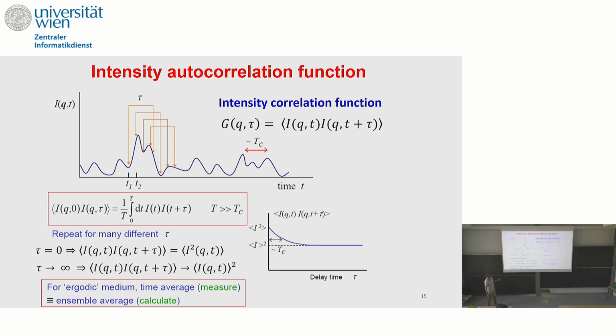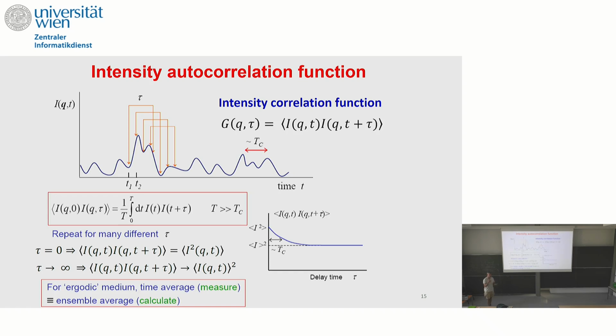So now the key point is, what is this relaxation time typically? If you take Brownian motion of particles of about 100 nanometers, measured at a scattering angle of 90 degrees in water, this is something like 1 millisecond. So 1 millisecond times 10,000, that's 10 seconds, no big deal.